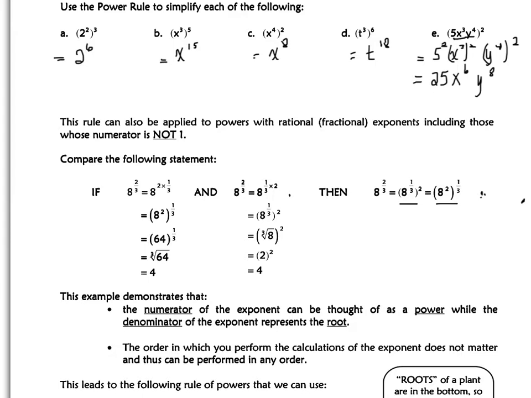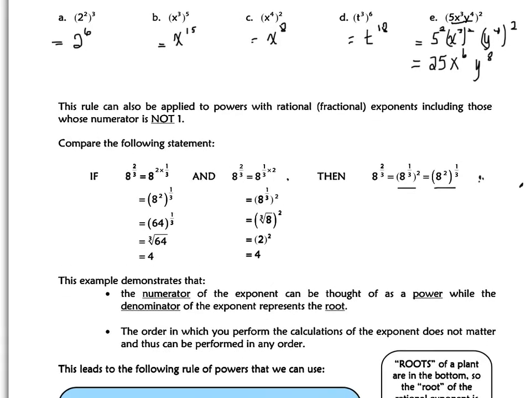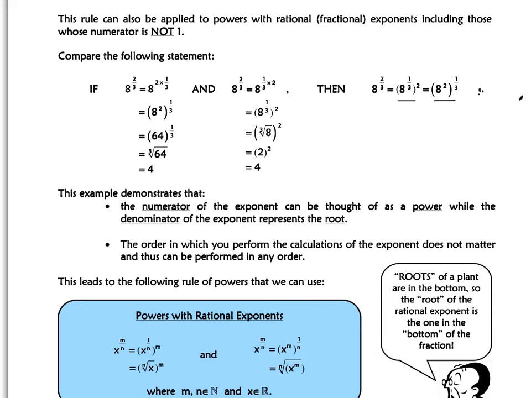So the notes down here below say the example demonstrates that the numerator of the exponent can be thought of as the power, while the denominator of the exponent represents the root. I remember when I think of that, I think of roots of plants. Roots of plants are in the bottom.